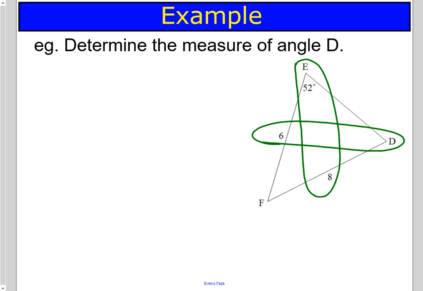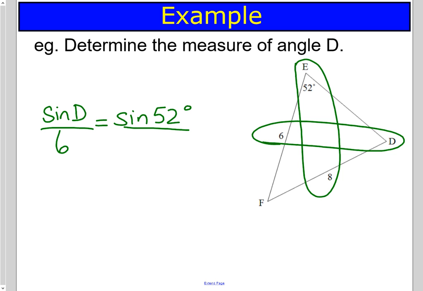Now, since I'm looking for angle D, I'm going to actually put that on top. I always like to put my unknowns on top. You don't have to, of course. These are all ratios. You just need to be consistent. So sine D over side D, which is 6, over the sine of E, which is 52, all over side E, which is 8.